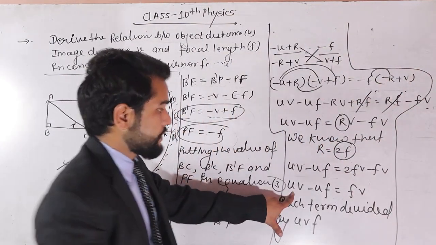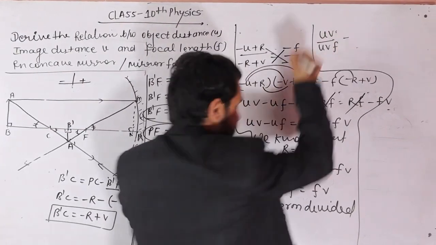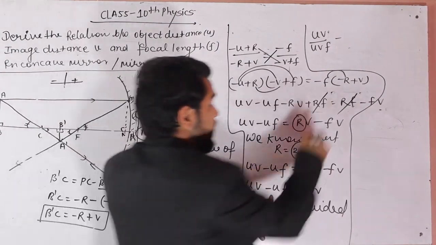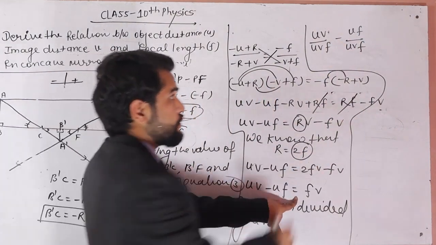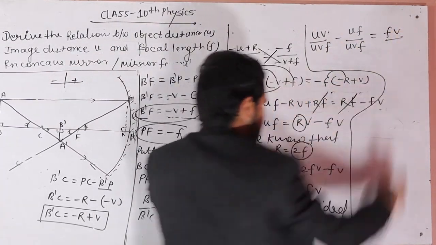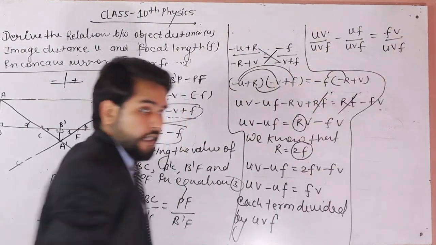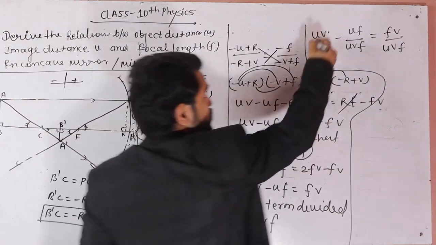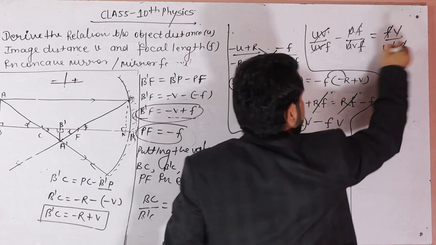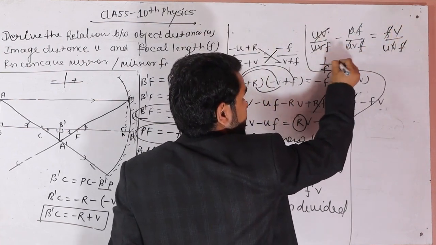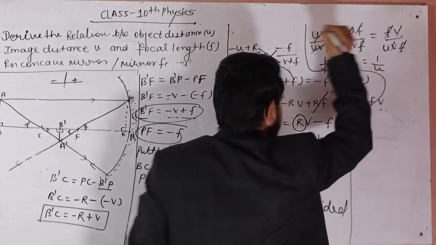So we can write uv upon uvf minus uf upon uvf equals fv upon uvf. Is that clear? Good. So uv cancels, uf cancels, fv cancels, and we have 1 by f minus 1 by v equals 1 by u.